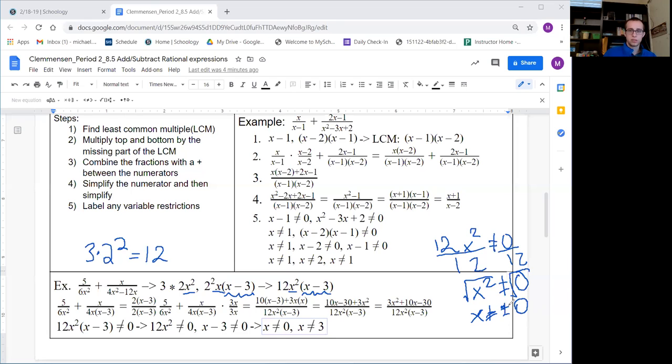Now plus or minus doesn't actually matter because positive 0 and negative 0 are the exact same thing. They're just 0. So x does not equal 0. That's how I get that. Comes from the fact that 0 divided by 12 is just 0. Are there any other questions on this problem?